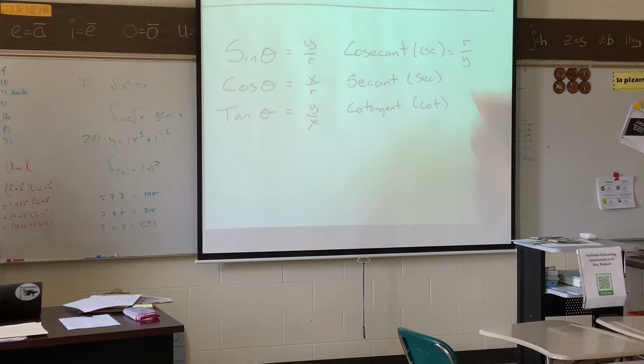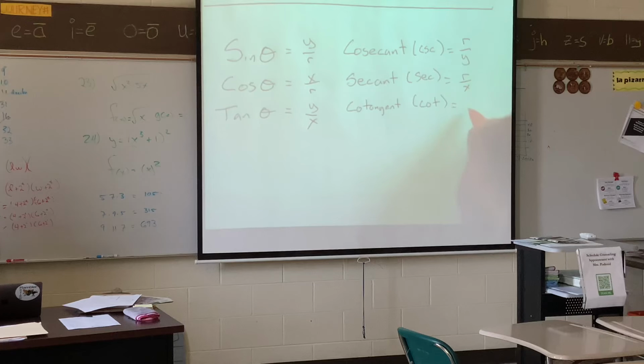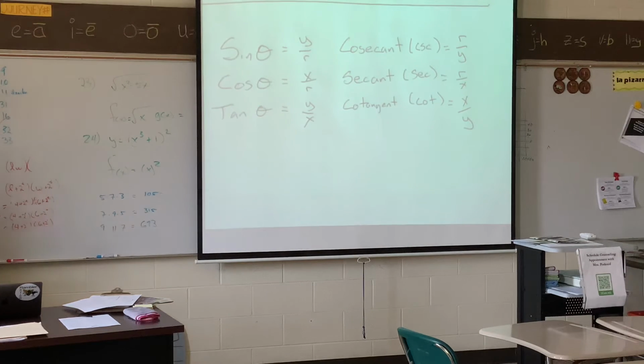Secant is r over x, and cotangent is x over y. Not this week, but later I'll show you when those can actually be more efficient in solving problems than your traditional 3 trig functions. These are the 6 trig functions. Any questions on that?